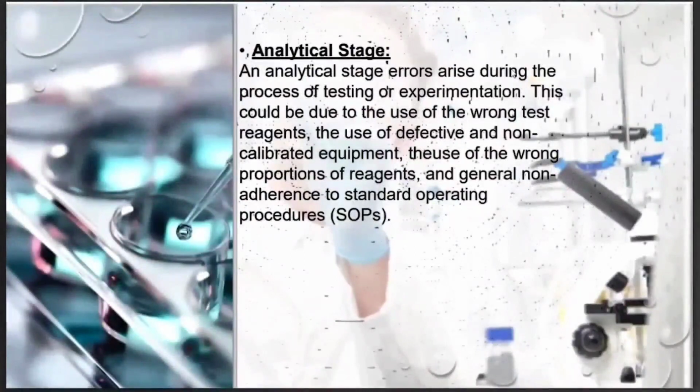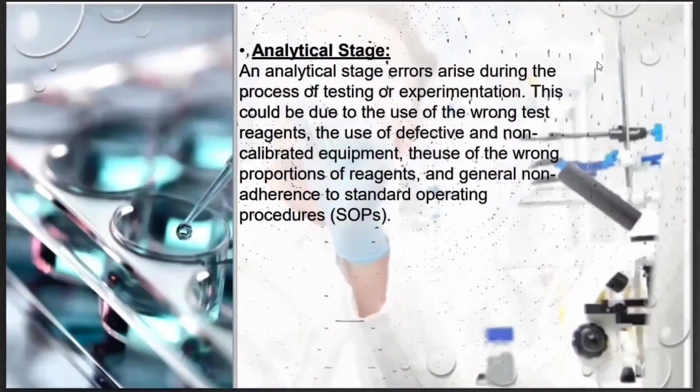Analytical stage. An analytical stage error arises during the process of testing or experimentation. This could be due to the use of the wrong test reagent, the use of defective and non-calibrated equipment, the use of the wrong proportion of reagent, and general non-adherence to standard operating procedures, SOPs.